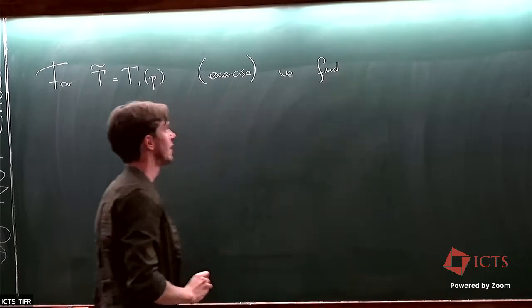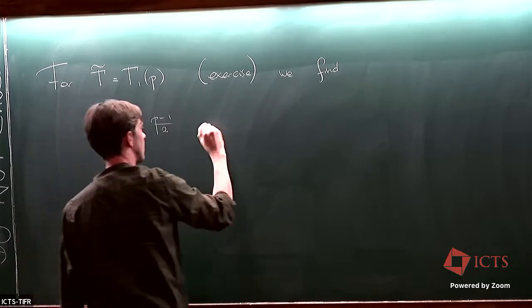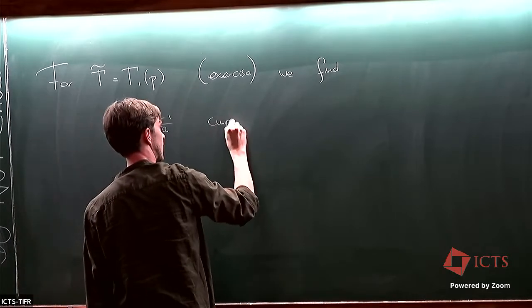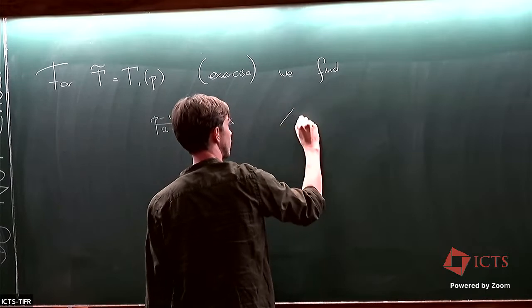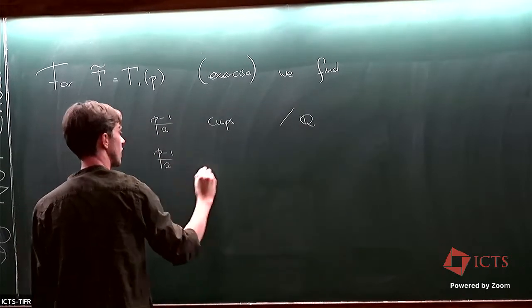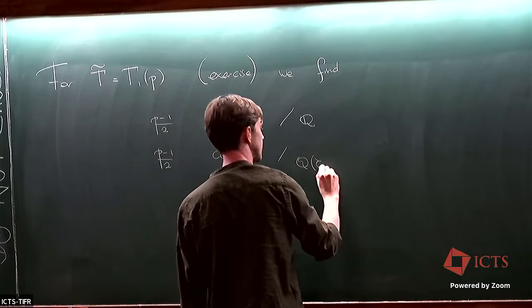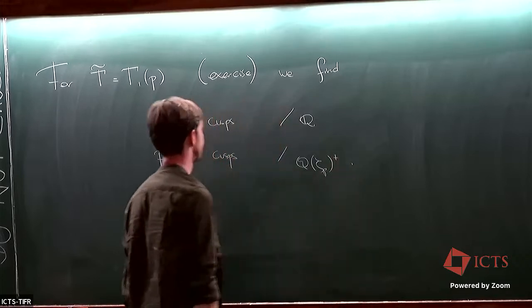We find that there are (P minus 1)/2 cusps that are defined over Q. And there's (P minus 1)/2 cusps that are defined over Q(zeta_P plus).